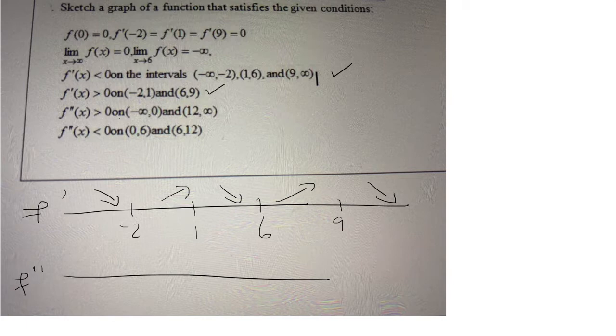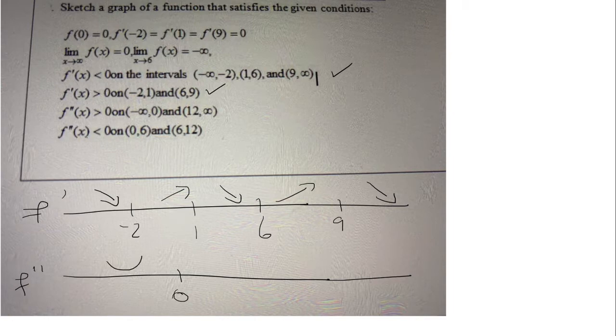Now for the second derivative, I want to line up the numbers with the first derivative. So the first one we're given is negative infinity to 0. So negative 2 is over here, 1 is here. I'm going to put 0 kind of close to 1. And there the second derivative is positive, that means it's concave up.